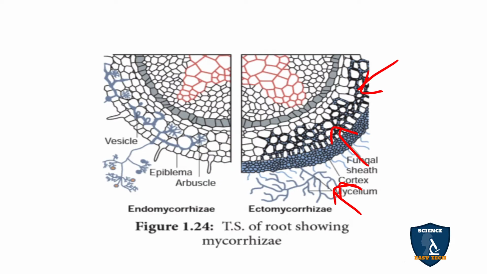Endo-mycorrhiza. Inside the cortex cells you can see the mycelium, and it penetrates into the cortex cells. Only a little bit of mycelium is seen outside the endodermis, and it forms vesicles in the cortical cells. Due to the vesicle formation, it is also called vesicular mycorrhiza, simply known as VAM fungi.